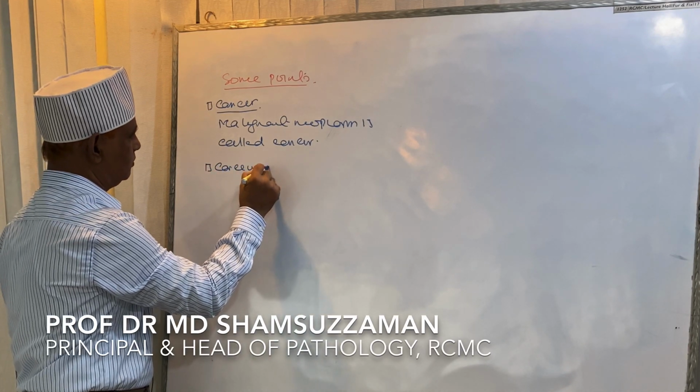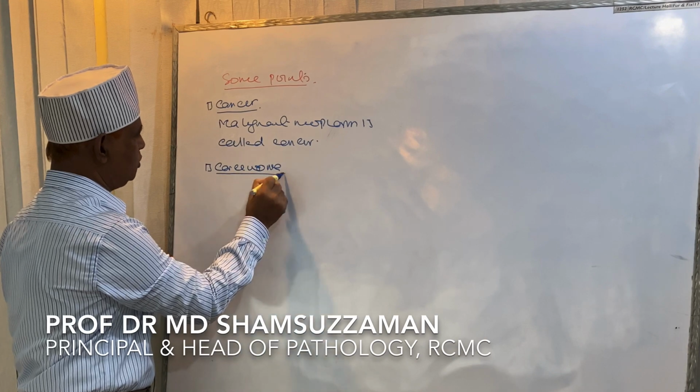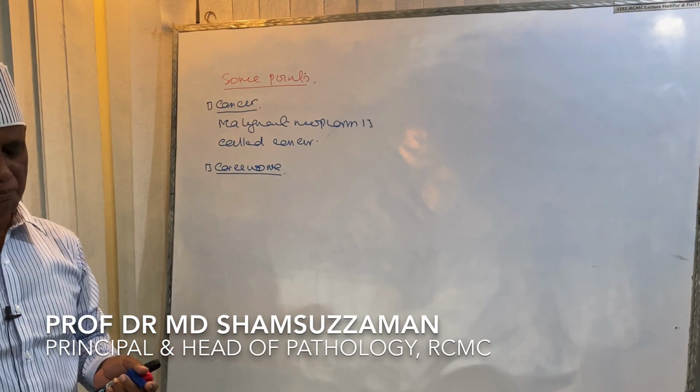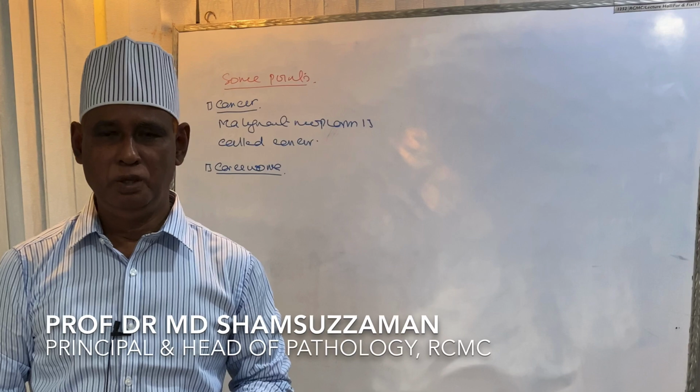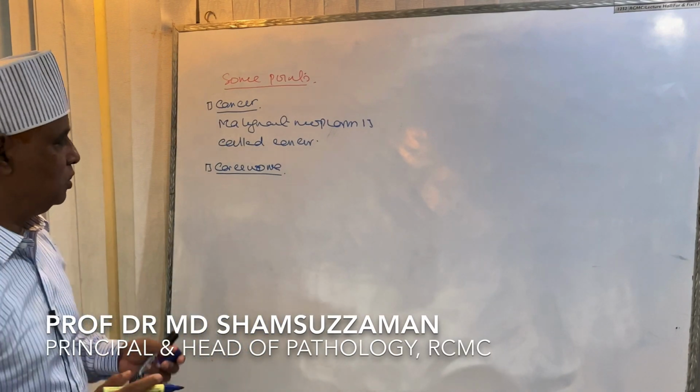Carcinoma. What is carcinoma? Malignant neoplasm that arises from the epithelial tissue is called carcinoma.